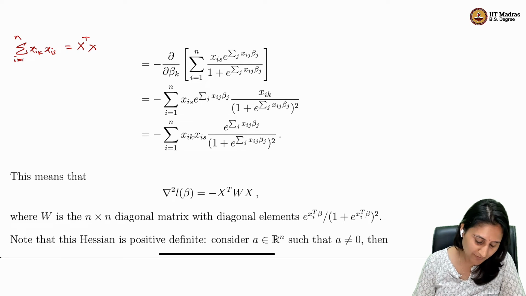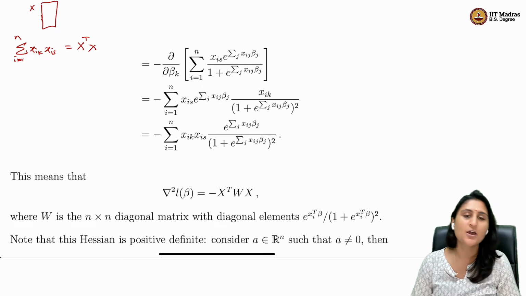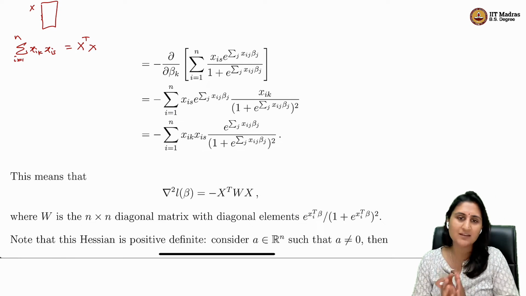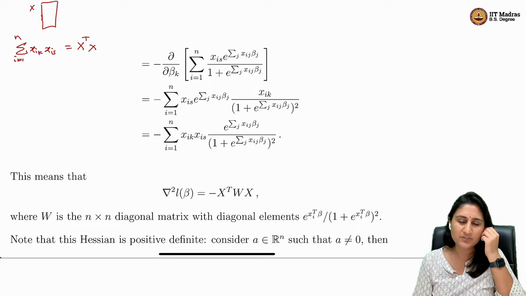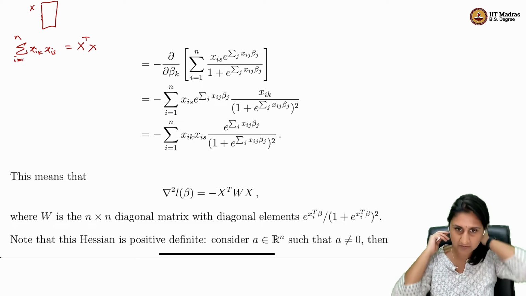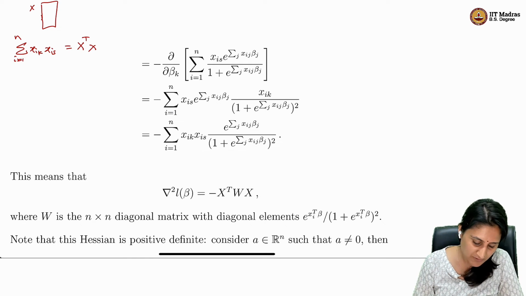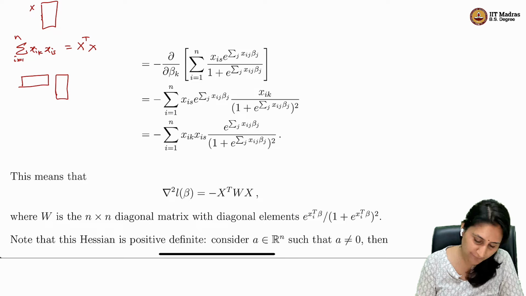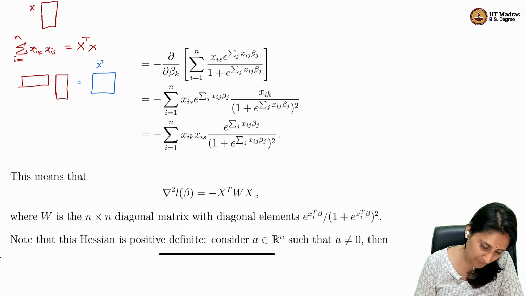Why? Well, let's assume my X matrix is a long matrix like this, where it has a large number of rows and a relatively smaller number of columns, which is very typical of logistic regression. Then X transpose looks something like this, and X looks something like this. And this is X transpose X. Okay, so it's a square matrix.